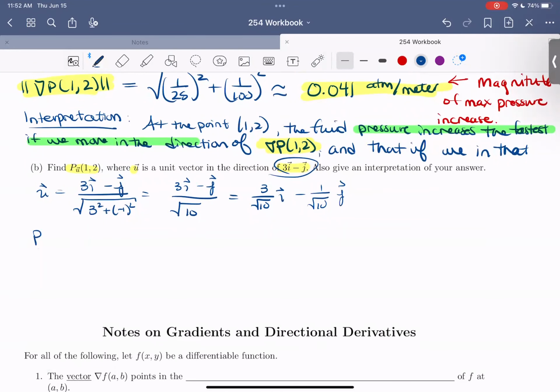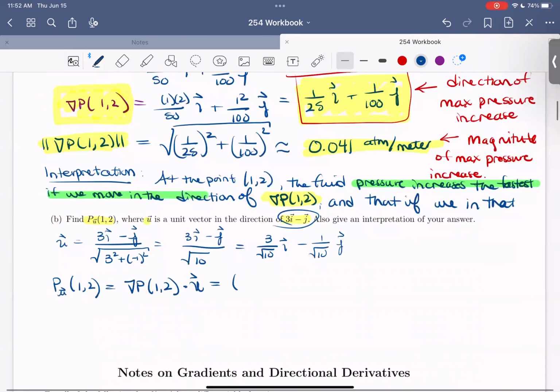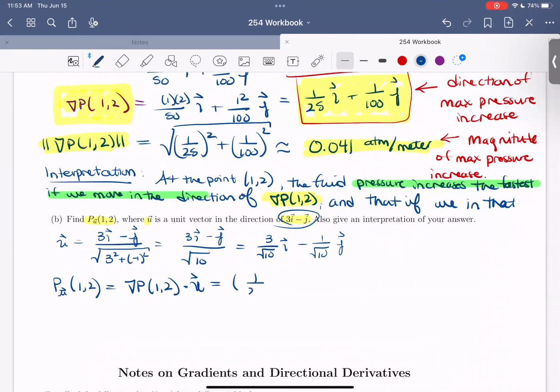To compute the directional derivative in the direction of u at (1, 2), we need to take the dot product of the gradient at (1, 2) with our unit vector. Looking at that gradient from part A, we get 1 over 25 i plus 1 over 100 j dotted with 3 over root 10 i minus 1 over root 10 j.